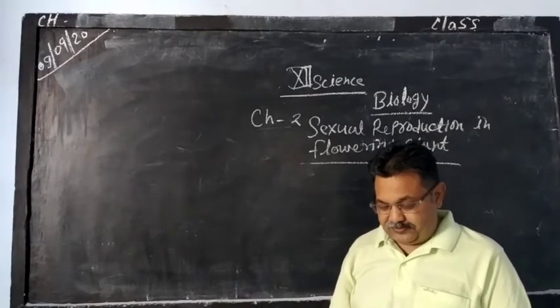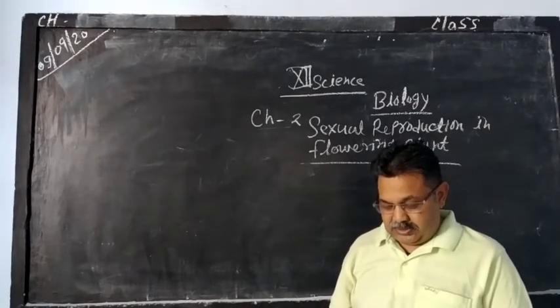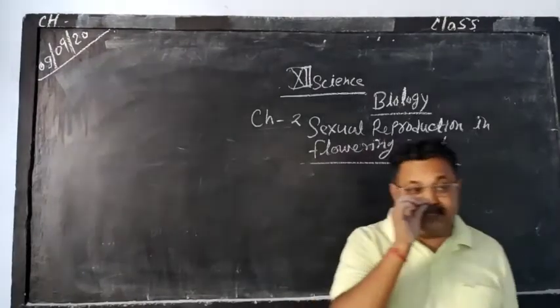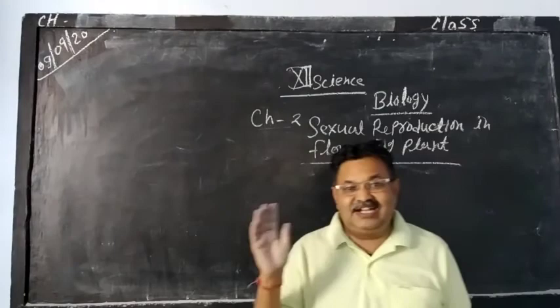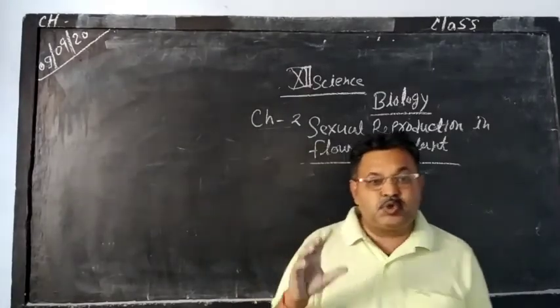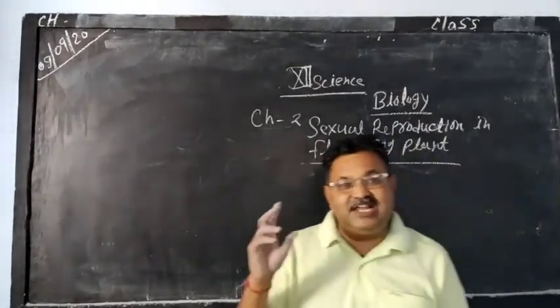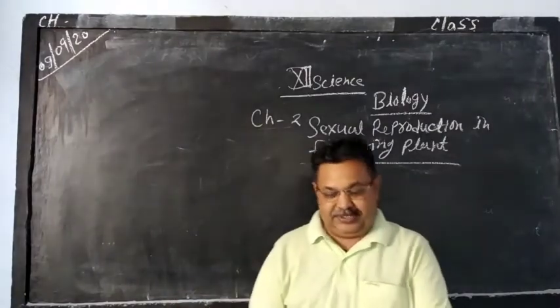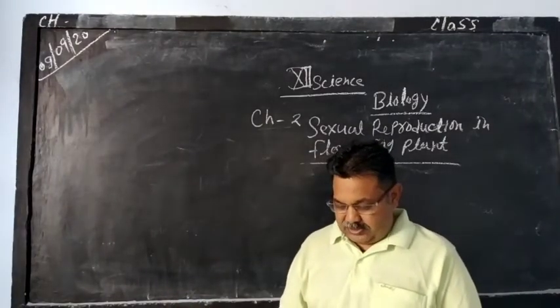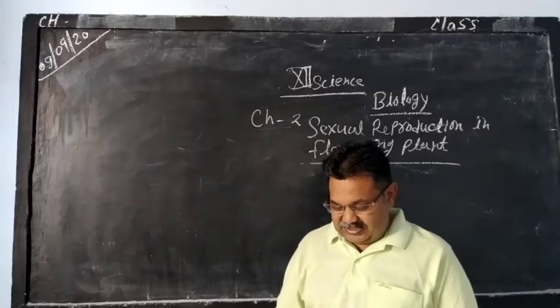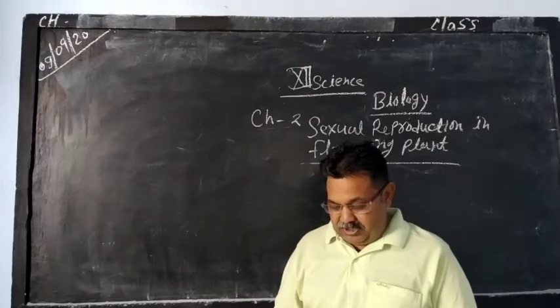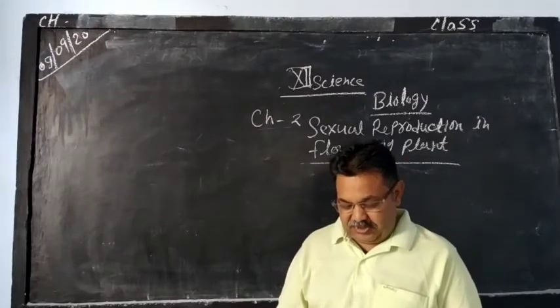Next one is parthenocarpy. Parthenocarpy is the process where seedless fruits are produced. So the preparation of seedless fruit is known as parthenocarpy. Next one is autogamy or self-pollination.